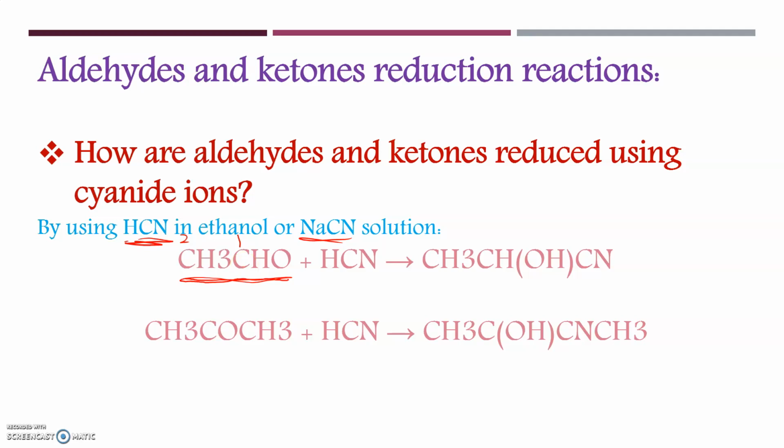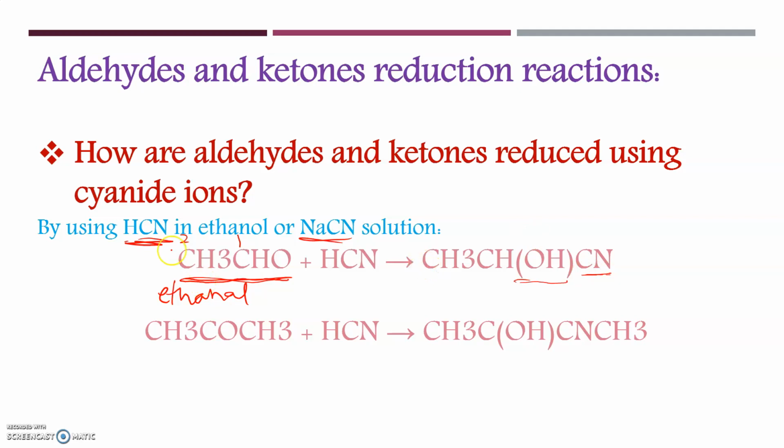So 2 carbons and aldehyde, this makes it ethanal, right? Ethanal plus HCN gives that compound. What is that compound? So you have an OH and you have also cyanide ion.